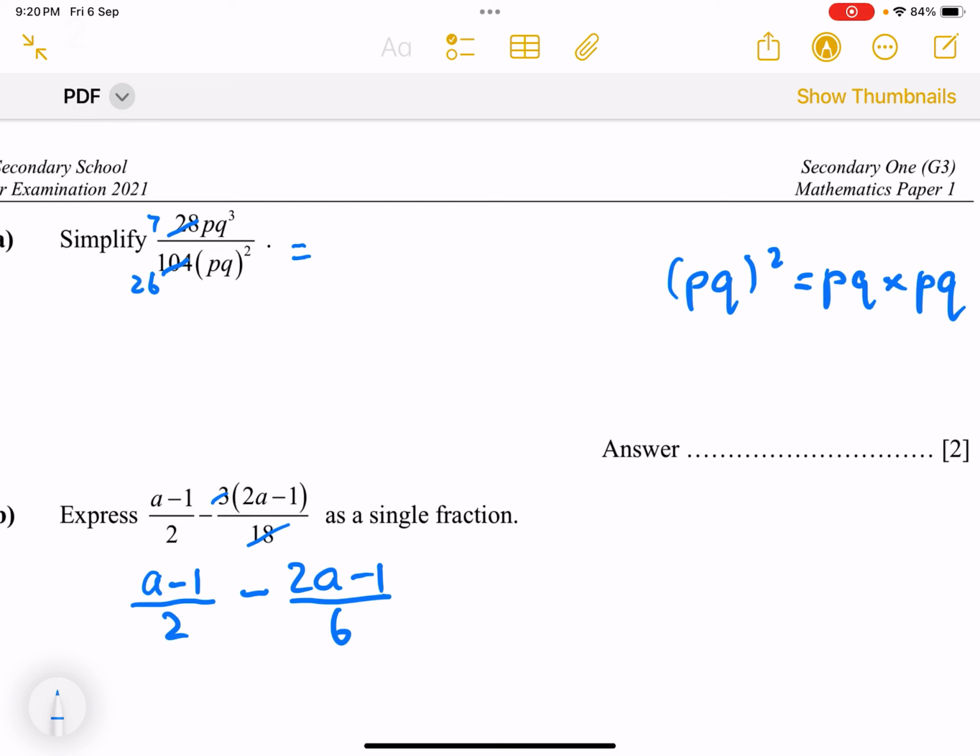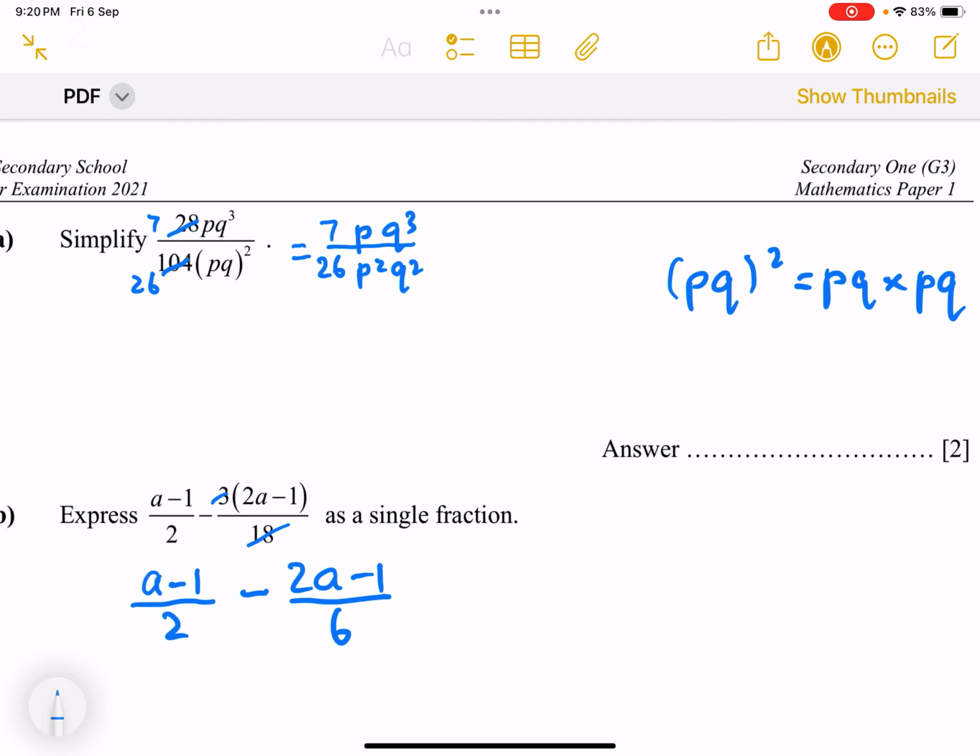Then we open up: PQ bracket square is PQ times PQ. P times P is P square. So we have 7 over 26 P square Q square. And on top we have P Q square.